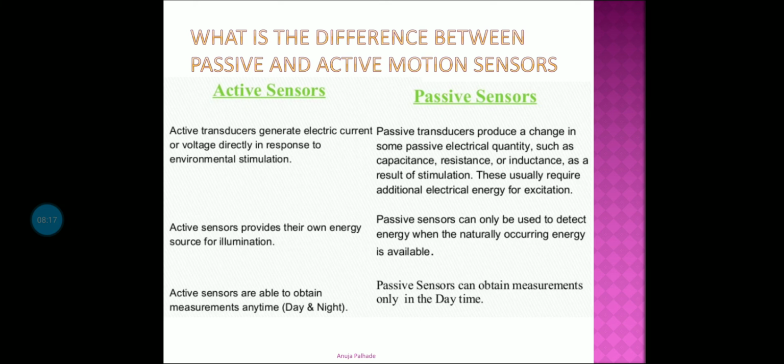A passive sensor can only be used to detect energy. Active sensors are able to obtain measurements anytime, day or night, 24 hours, whereas passive sensors can obtain measurements only in the daytime.